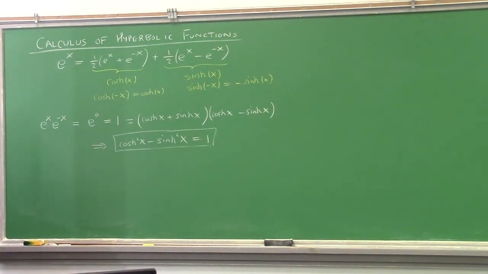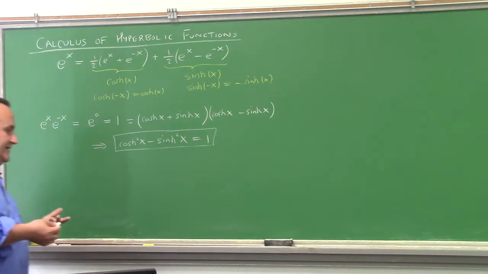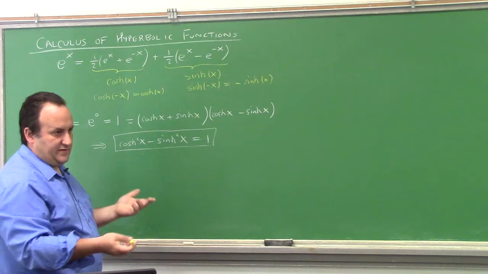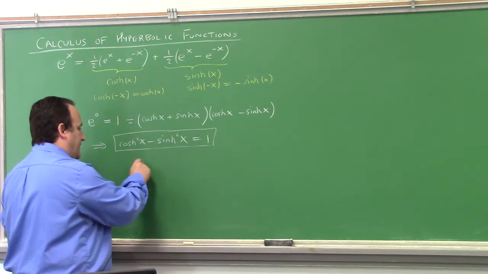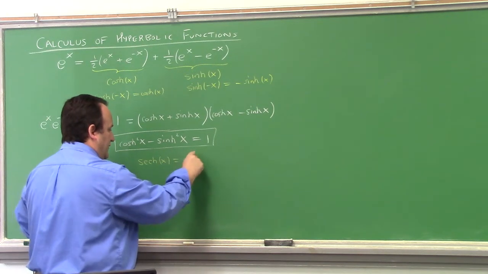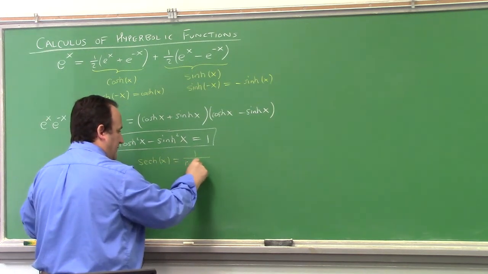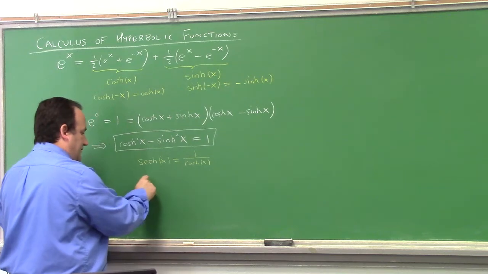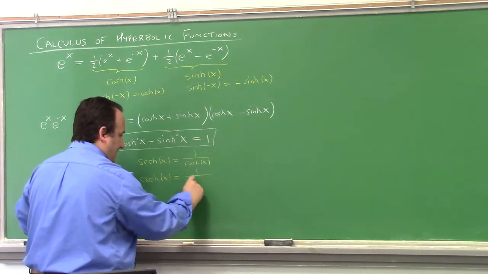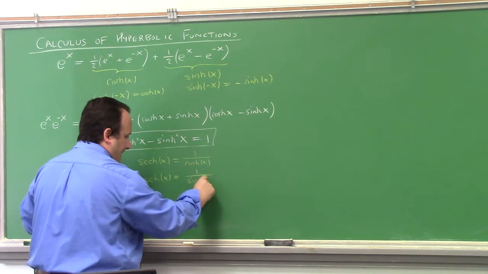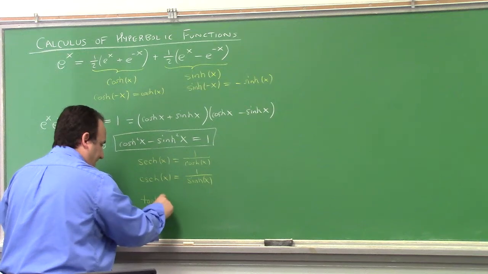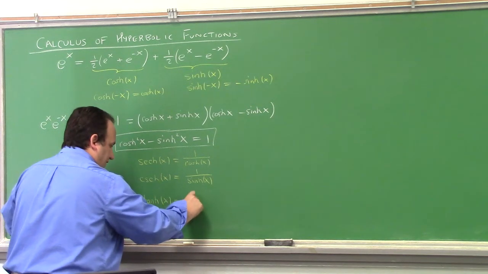Now, if you take a look at that identity, there are two corresponding identities we can get for the reciprocal functions. Hyperbolic secant, which is 1 over cosh. We have hyperbolic cosecant, which is 1 over sinh. And we, of course, have the hyperbolic tangent, which is sinh over cosh.